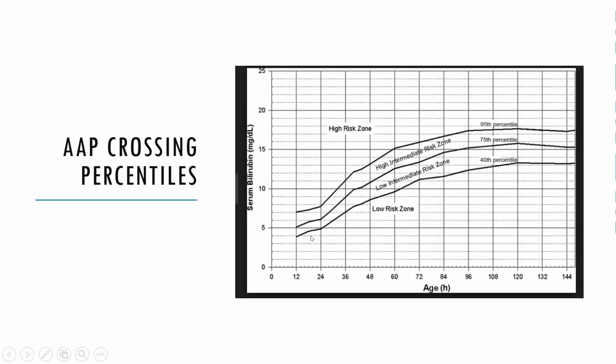If you've got a bilirubin level that's going up like this, or even more like a straight line up, that's concerning, as opposed to one that's trending, getting a little higher, but still on a nice curve with the line for your low intermediate risk zone. That's not as concerning as a bilirubin level that just shoots way up. That would be worrisome.